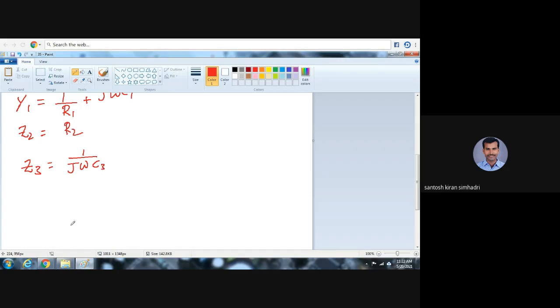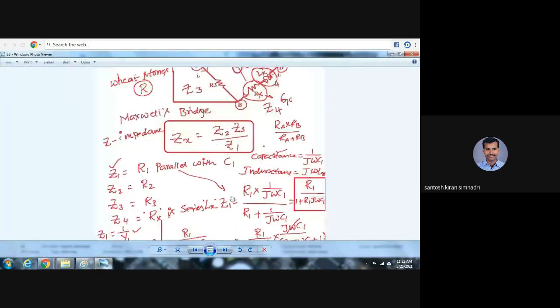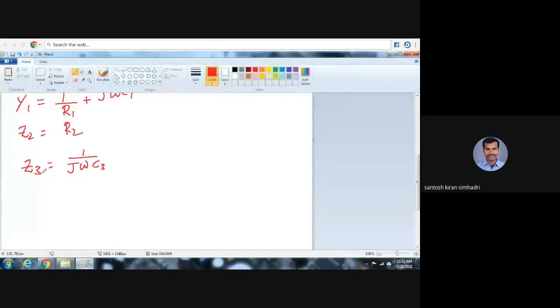If you have any capacitance, already I have discussed, capacitance equal to 1 by j omega C1. The same I have applied here also. So Z3 equal to 1 by j omega C3. Is it clear? Then keep listening to the class. It is very important.